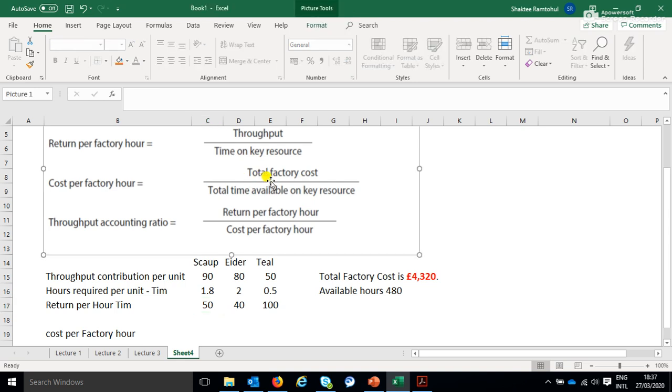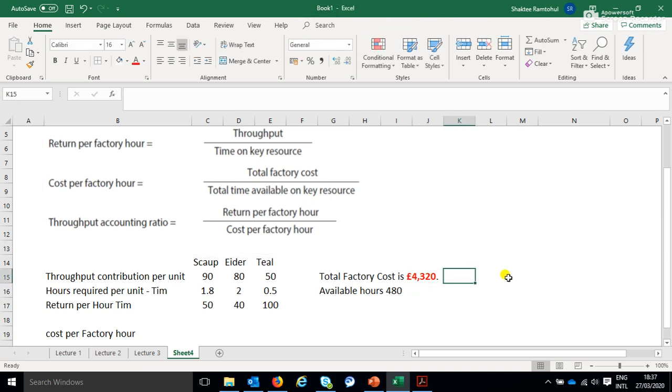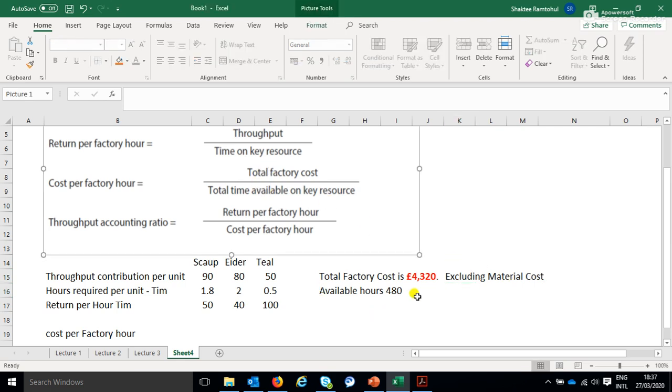Now, when you're given total factory costs here in the formula, I want to add something. It's actually excluding material cost. So when we're talking about total factory costs here, it's every fixed cost. If you go back to lecture 1, anything from labor to other variable costs, we account for those as fixed costs.